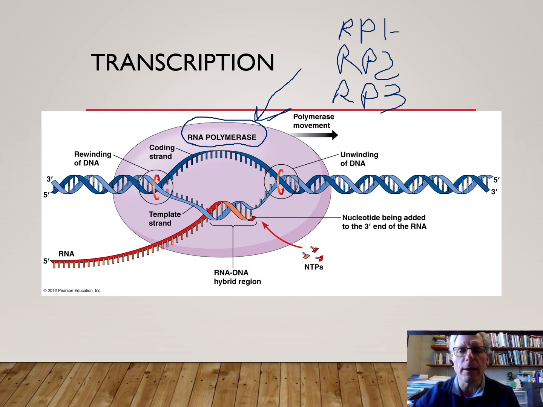RNA polymerase 1 makes all the ribosomal RNA, well, almost all the ribosomal RNAs. So it is very active at the nucleolus. RNA polymerase 2 makes your messenger RNAs.